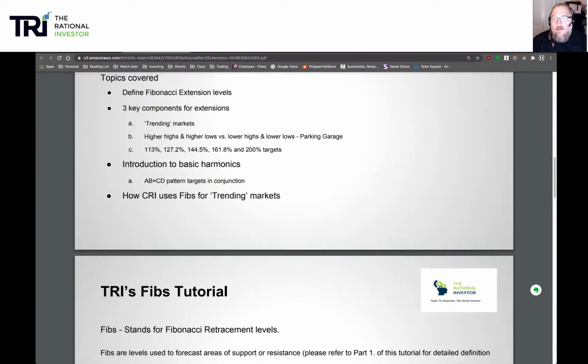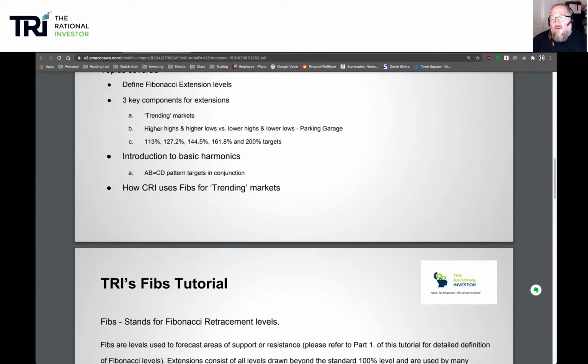The one place where we will be using extensions fairly frequently is with the bot setup, which is an ABCD extension.